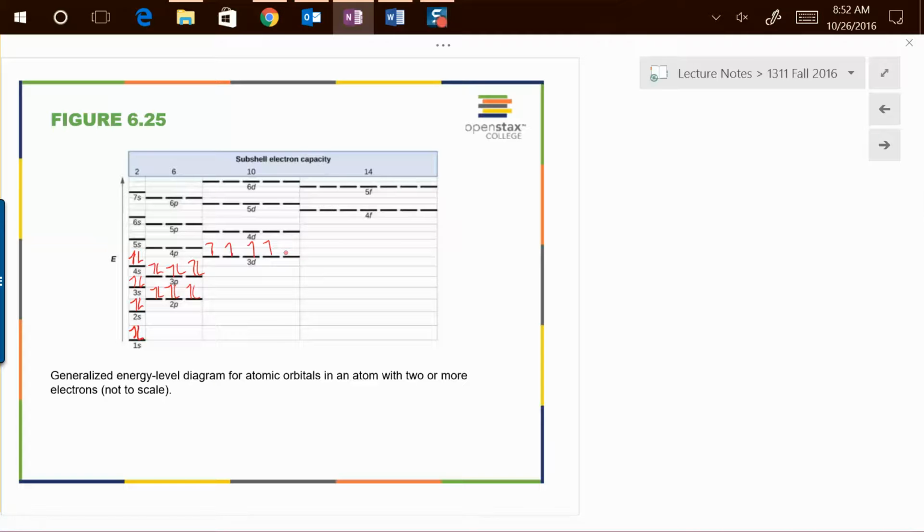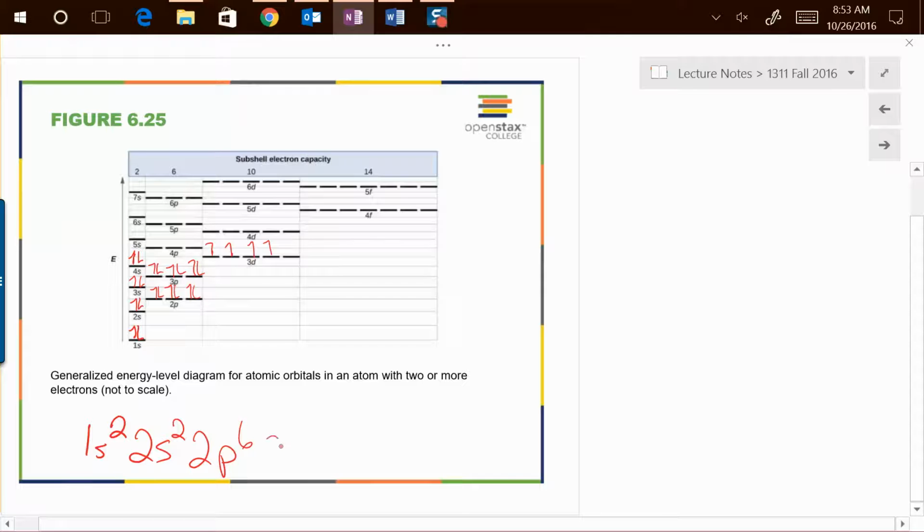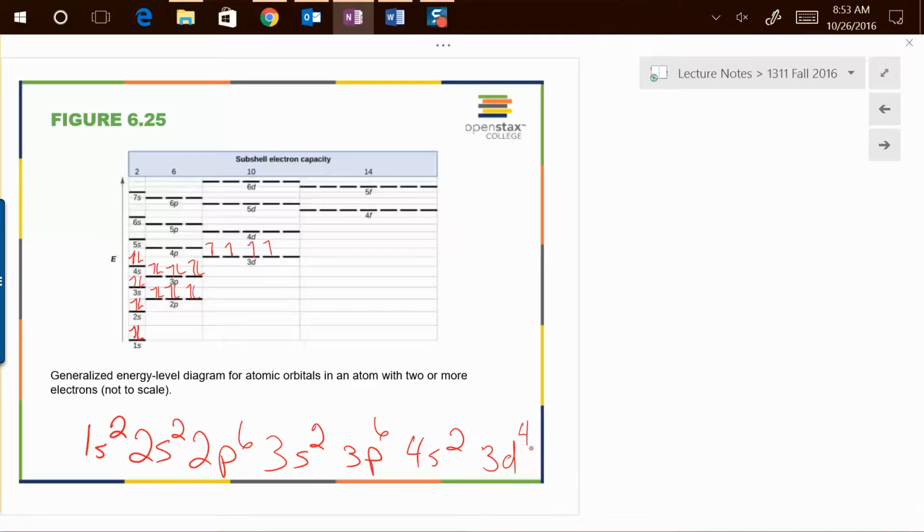Now, when you get to chromium, so normally I would say, how many electrons are in the 1s? 2. The 2s. 2, right? The 2p. 6. The 3s. The 3p. 4s. The 3d.